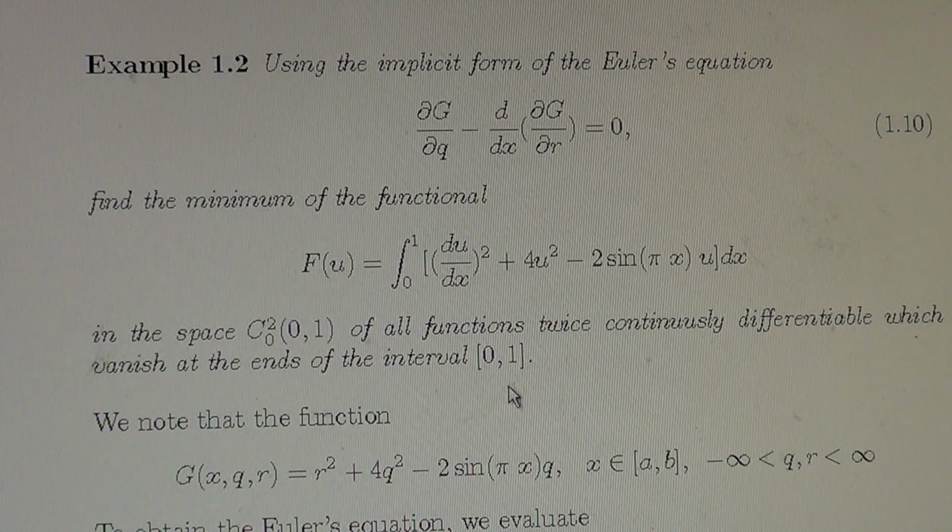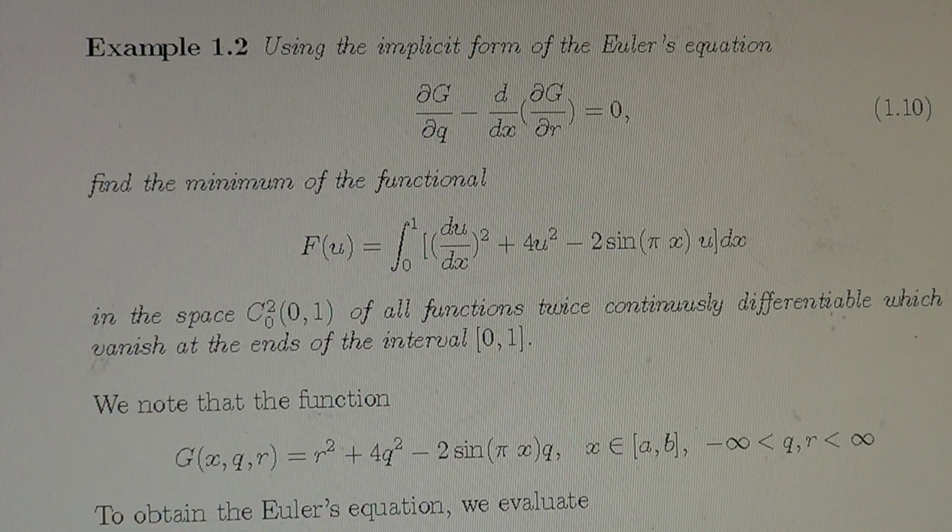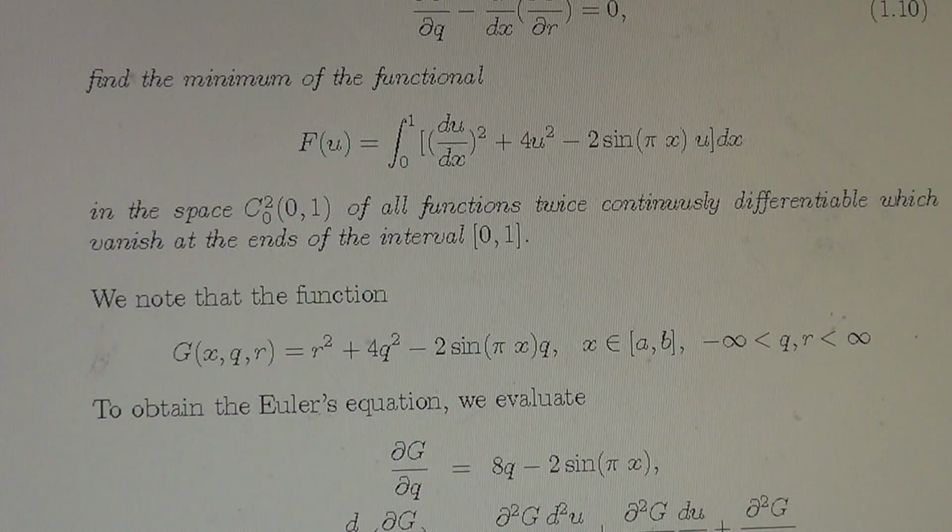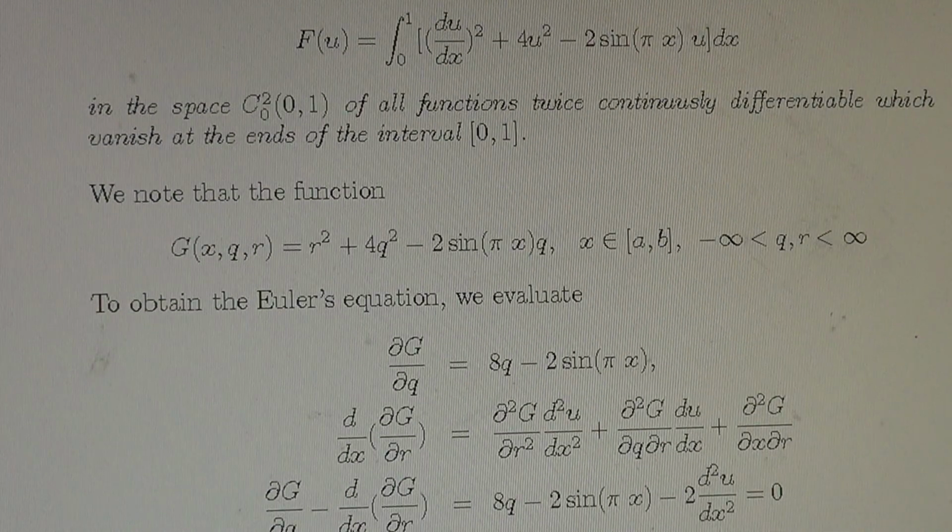In order to get the Euler's equation, we have to evaluate the partial derivative and the total derivative for this generating function. So, good. We evaluate the partial derivative with respect to q.